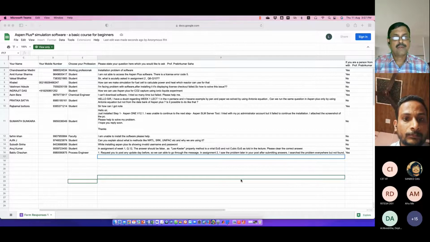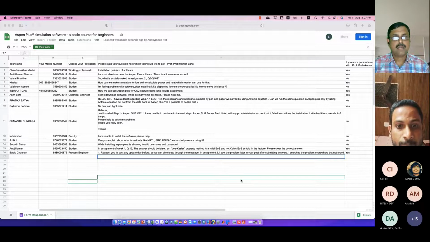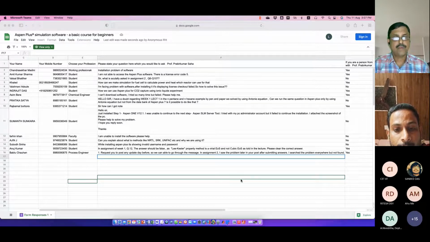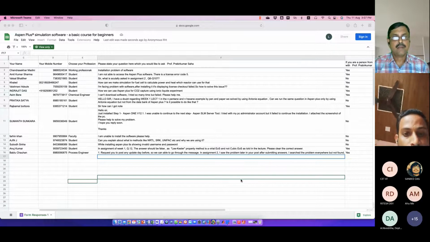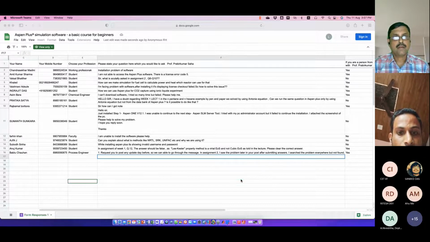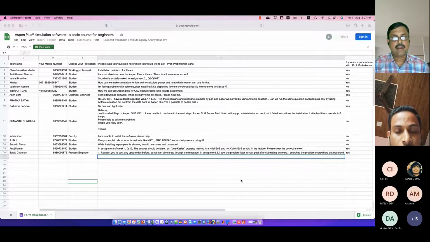But as far as fuel cell is concerned, no, Aspen does not have any menu-driven model for fuel cell, to be very specific. But it is definitely possible to create a code for fuel cell and attach the code as a user model.